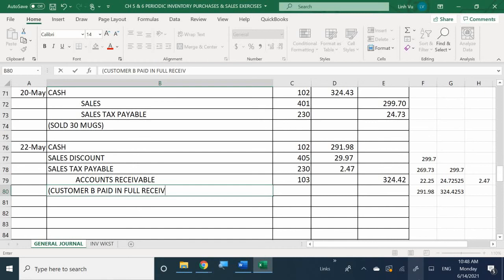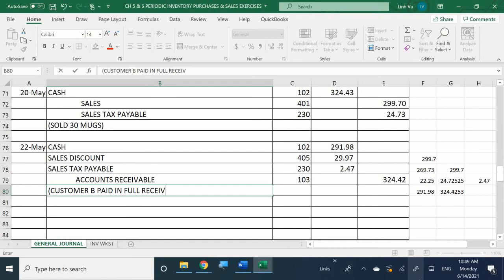So when you calculated the 29.97, 324.42 includes the tax. So he purchased this amount plus he returned these many mugs, which gives me this amount. So I subtract that from the initial purchase, and that's when you come up with 324.42, and then you just go about all the other discounts.